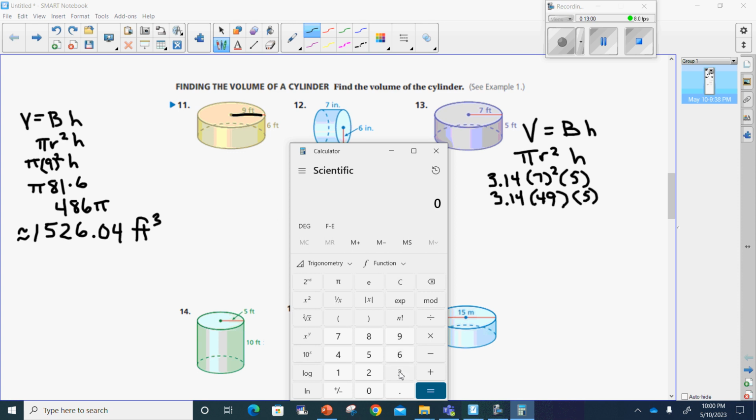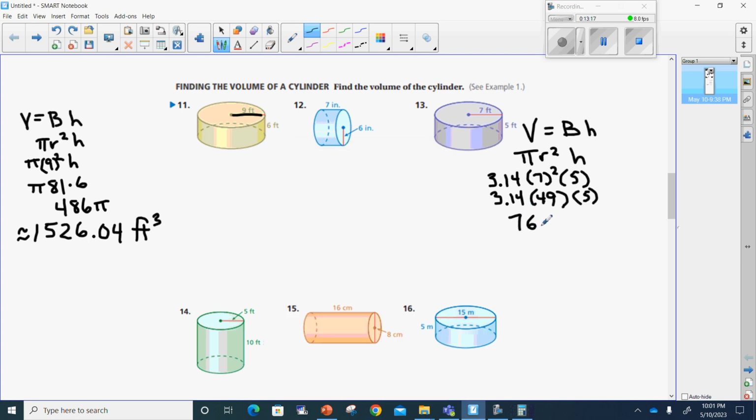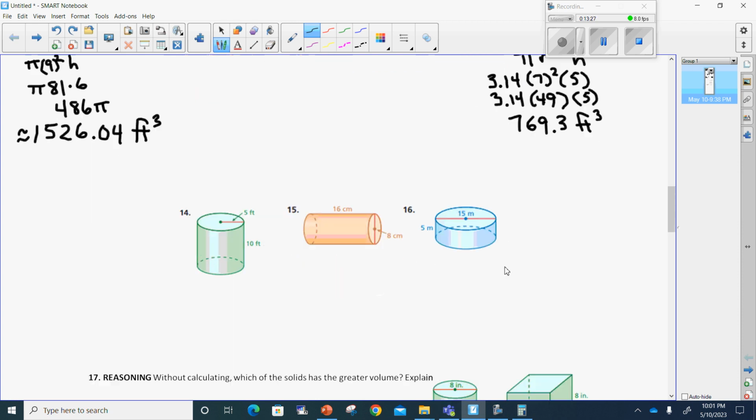We got 3.14 times 49 times 5. That's 769.3. 769.3 feet cubed. All right. You have number 14.